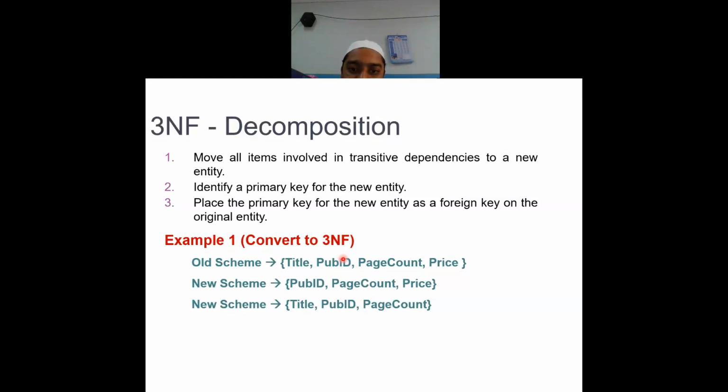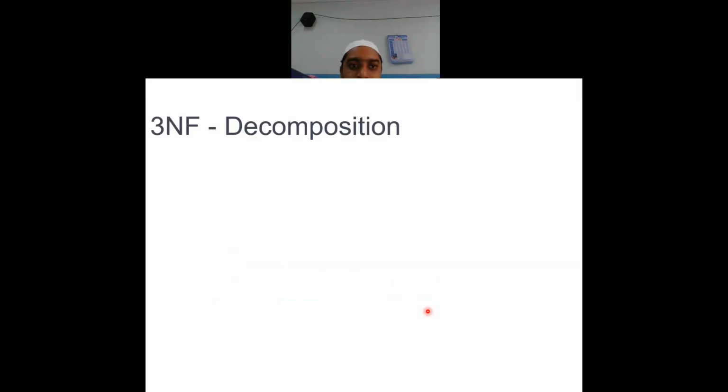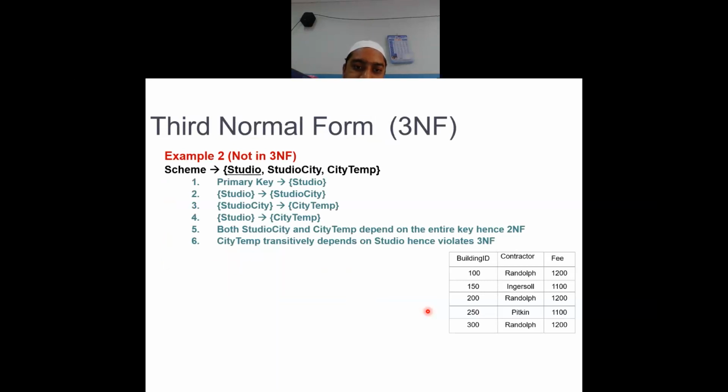So publication ID, page count and price, these three will become a new schema, whereas the original one was title, publication ID, page count. We only removed the price from the original, right? So these three remain as the original table. Clear? So like that, this second example also.